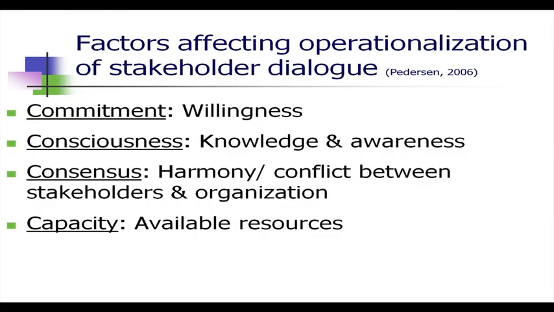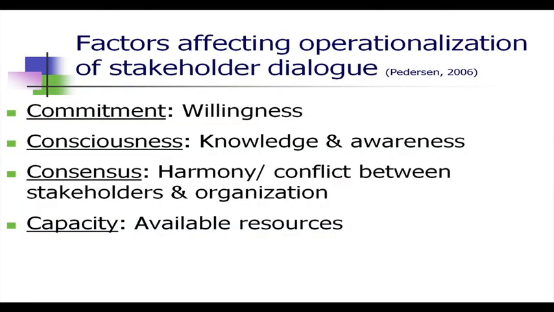Consensus: are you, meaning the organization, in harmony with the stakeholders? Is there a harmonious relationship between the stakeholders and the organization, or are these two in conflict with each other? Then capacity, the available resources.